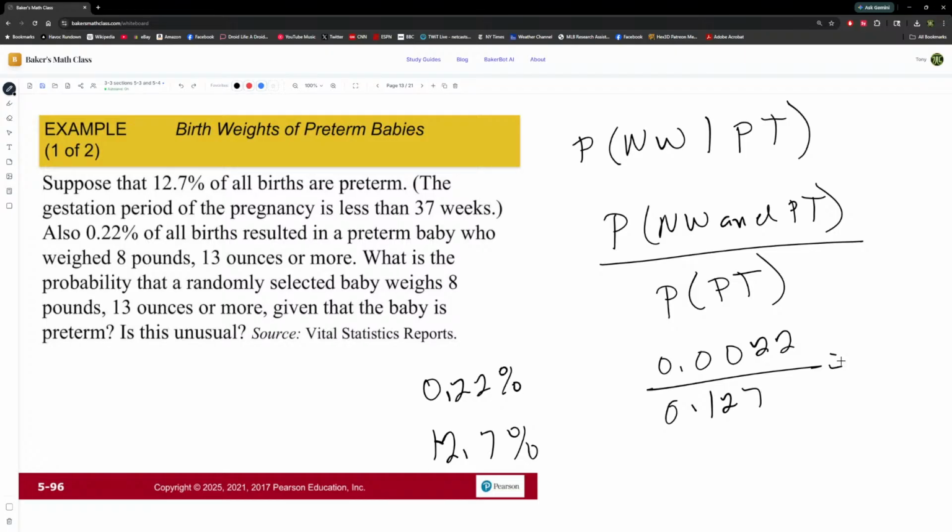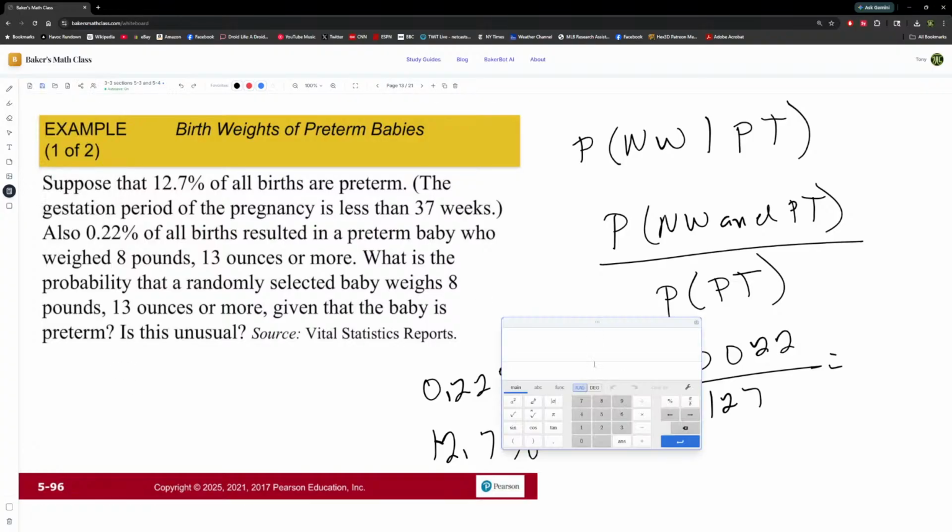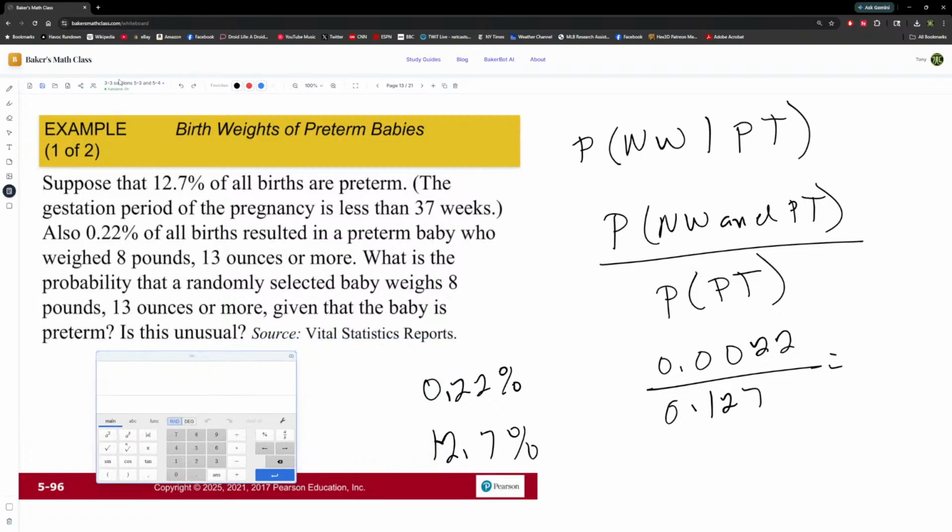Now we can divide those. So we have 0.0022 divided by 0.127. And we get 0.017 or 1.7%. Okay.